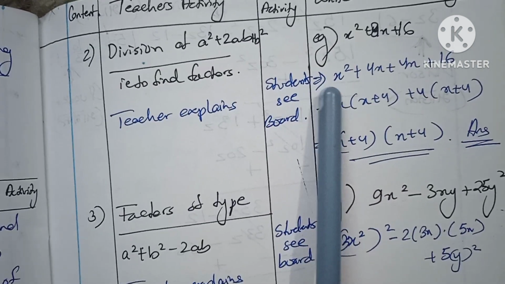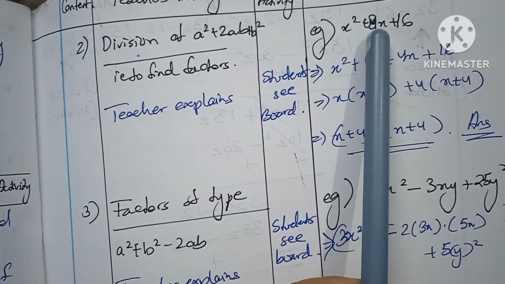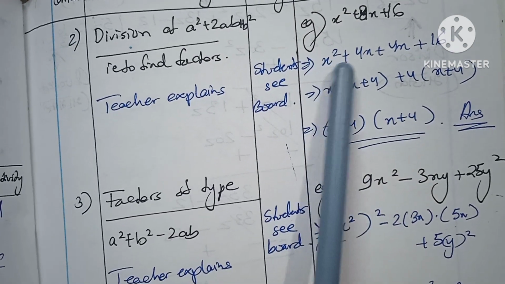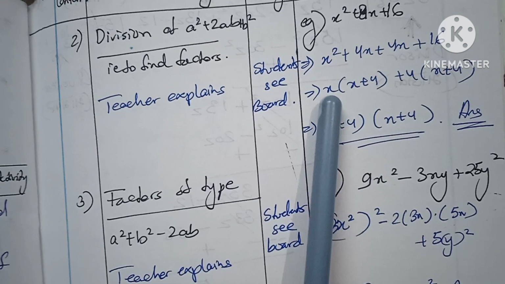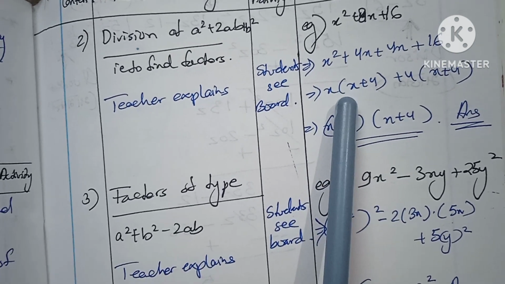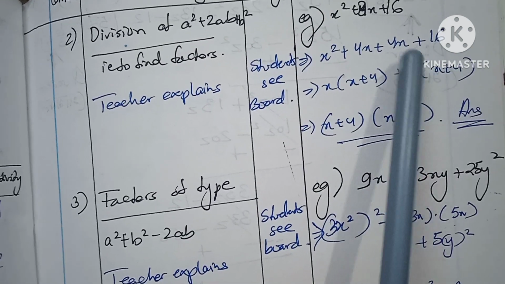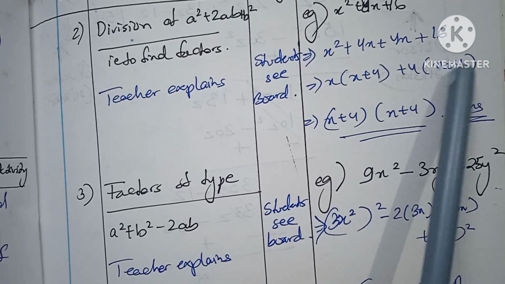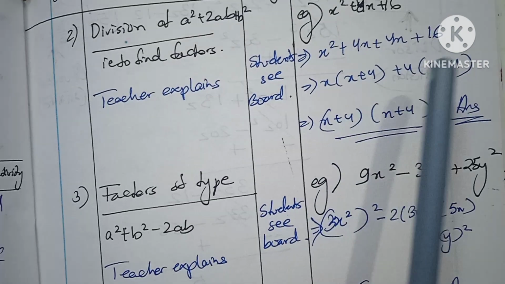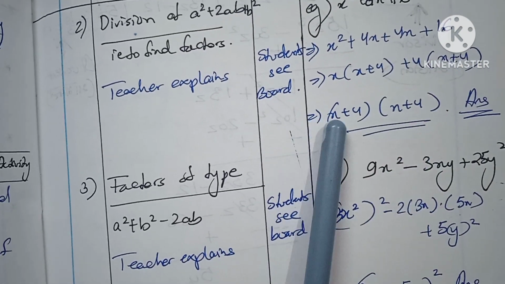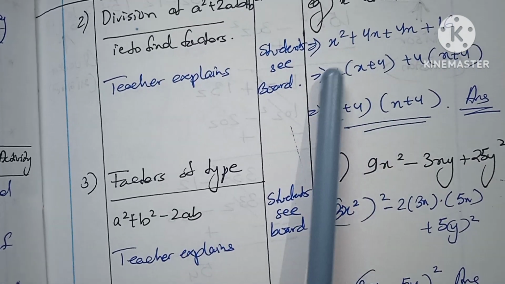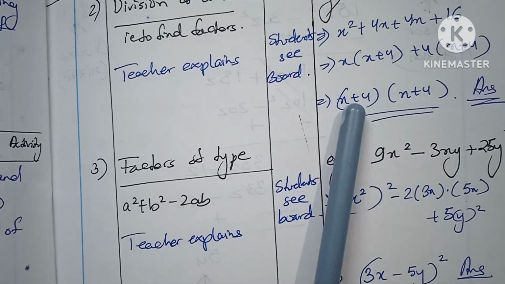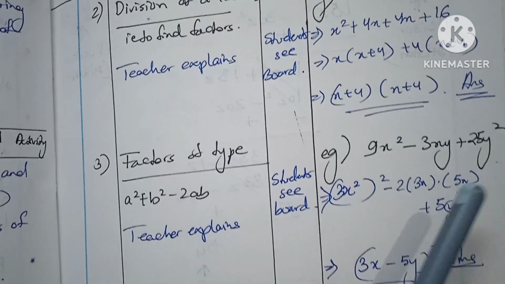So we break up 8x into 4x plus 4x. From the first two terms we take out x, and in bracket we get x plus 4. Similarly, from the other two terms we take out 4 and in bracket we get x plus 4. Now x plus 4 is common, we take it out, and next we get x plus 4 which is remaining. So these are the factors of this expression.